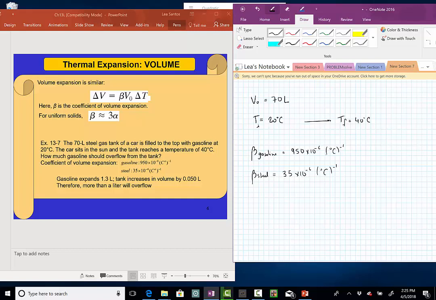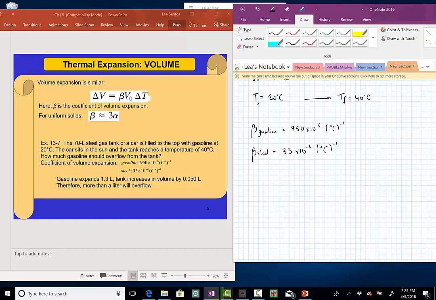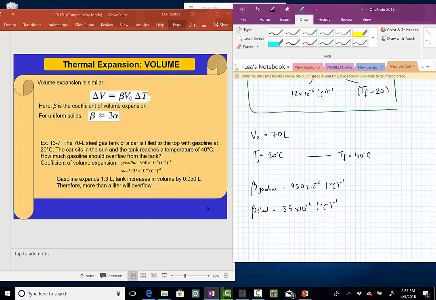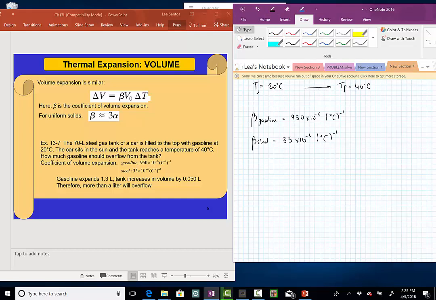Now, by how much will the gasoline overflow? Well, let's see by how much the tank will expand and by how much the gasoline will expand. So we can go back to our equation, which is also written in our slide. Delta V is equal to beta times the initial volume times delta T. We'll find the delta V for gasoline, so let's detect what are the values that you're going to put.